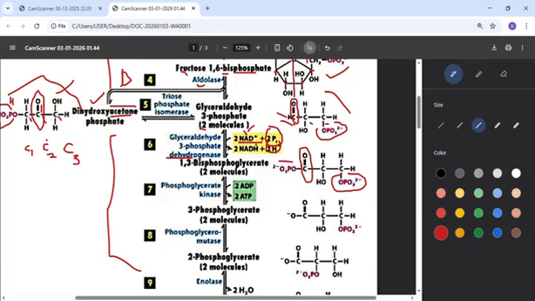And from the product, take notes, meaning that at the end of glycolysis, if they ask you how many products we have, 2 of NADH as our product, 2 of hydrogen as our product. So at the end, we'll still get 2 of pyruvate, 2 of ATP. But take note of this, we have gotten 2 of NADH, 2 of hydrogen.